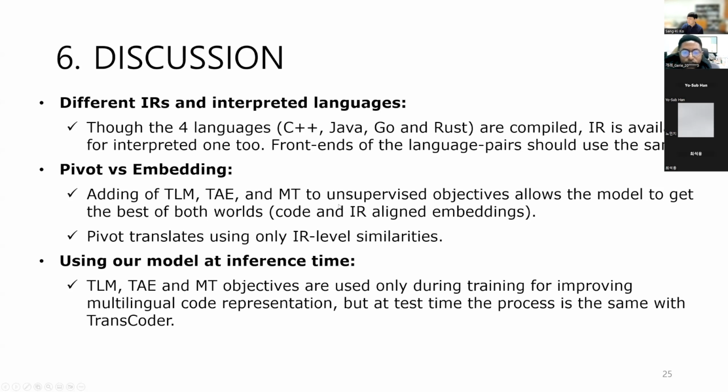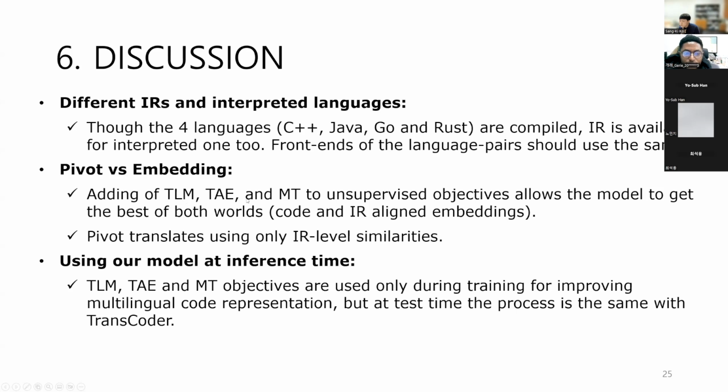As we have seen on the previous slides, in order to make the code and IR aligned embeddings, we use these objectives: TLM, TAE, and MT. The pivot translation uses IR level similarities between the uniformly represented IR for all the considered programming languages.